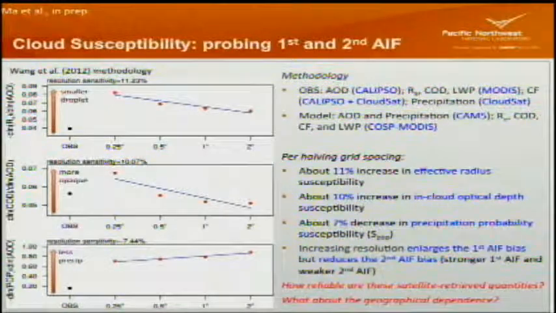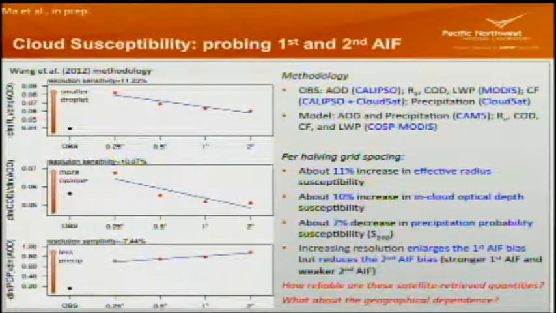We then used Minghuai Wang's methodology from 2012 to calculate cloud susceptibility, which can be used to probe the first and second indirect effect. We calculate this term, the effective radius versus aerosol optical depth, and this is the fractional change of cloud optical depth to the fractional change of aerosol optical depth.